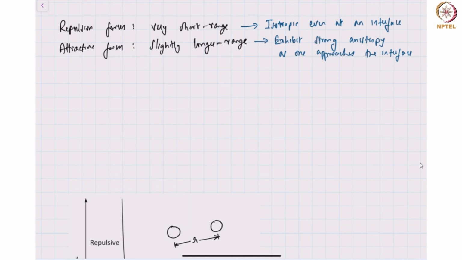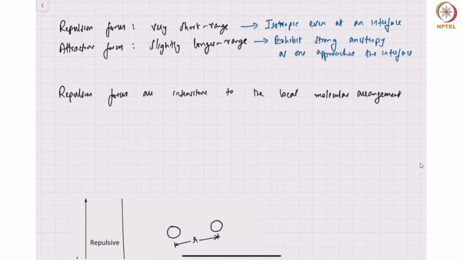So, in other words, whatever I've said in words, I can write down as: repulsion forces, crucially, are insensitive to the local molecular arrangement.